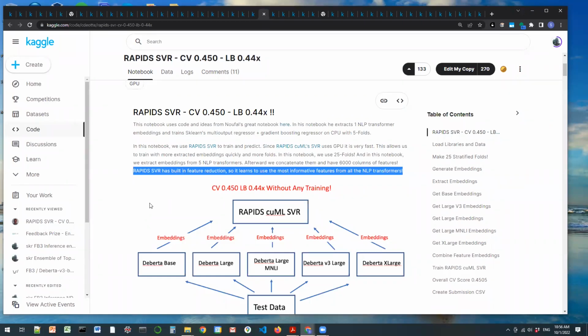He says like 6,000 columns of features here. Is there an upper limit to the number of columns that SVR can take? I thought he'd said, maybe not in here, but in some other competition, somebody had something like 30,000 columns and used SVR on it successfully.